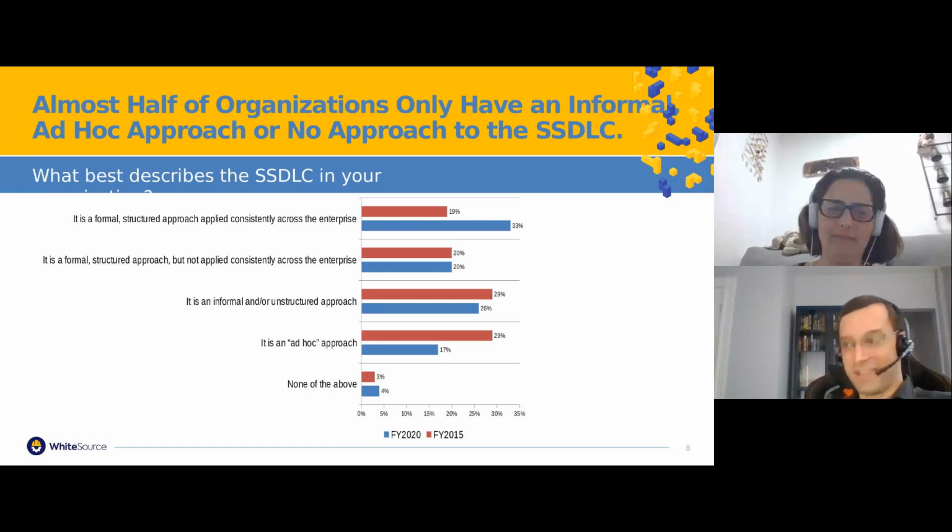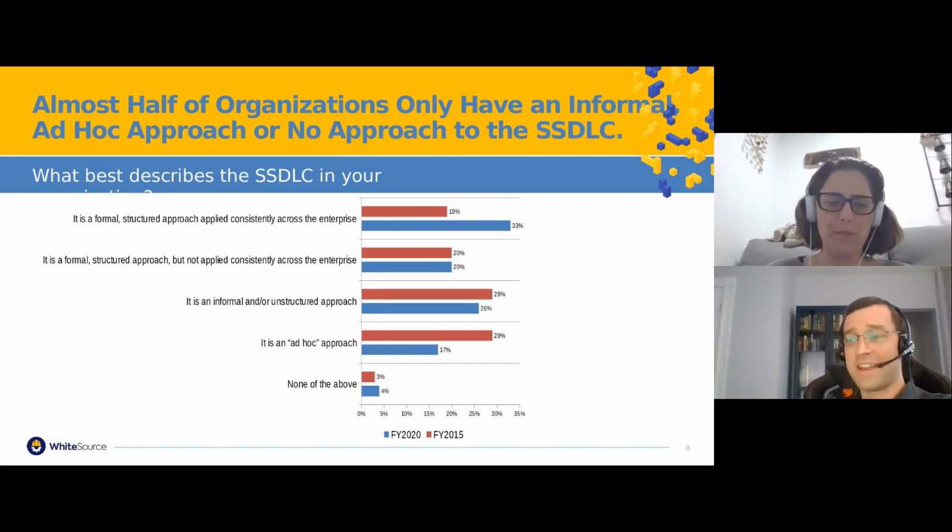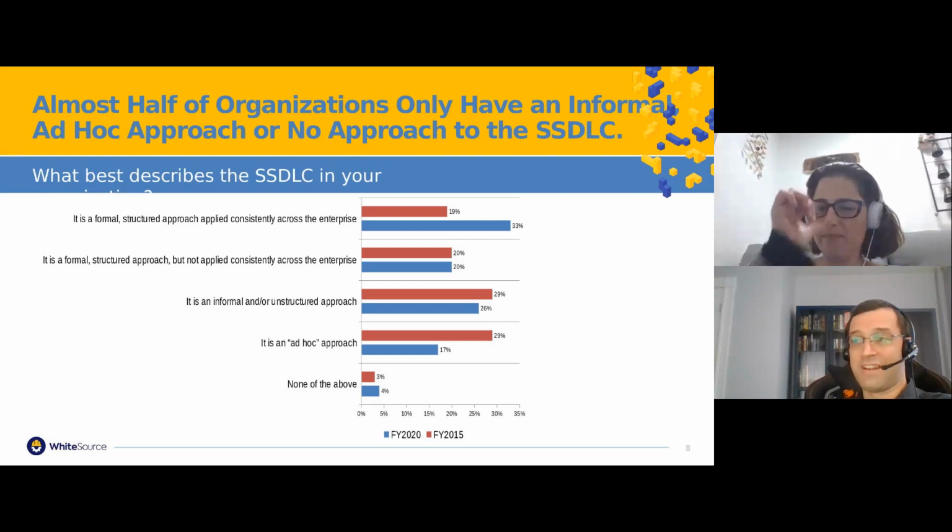What's kind of interesting to me is that there's actually an increase of the none of the above, and there could be some sampling there, right? Like, look, 3 to 4%. So maybe it's better to say that it's about the same number. I can't understand that, to not even have an ad hoc approach to securing your software development lifecycle.